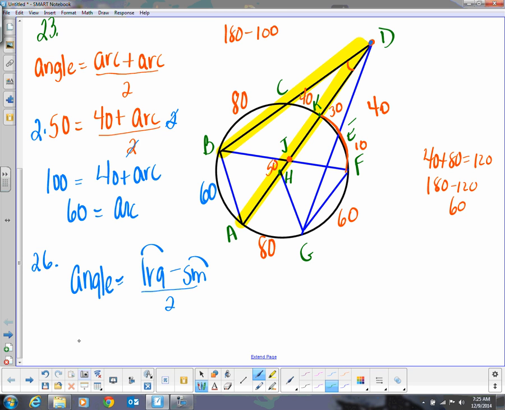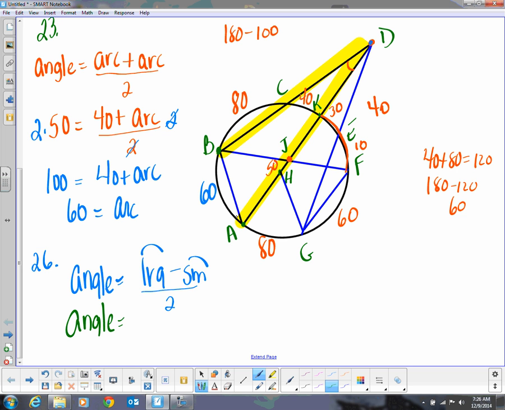Bree? So the angle is going to equal 40. Is that the large one? What's the large one? Follow the yellow. Okay, so you got to follow the angle sides till it touches the circle. Follow this side till it touches the circle.